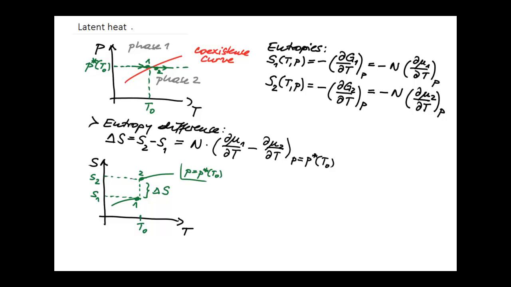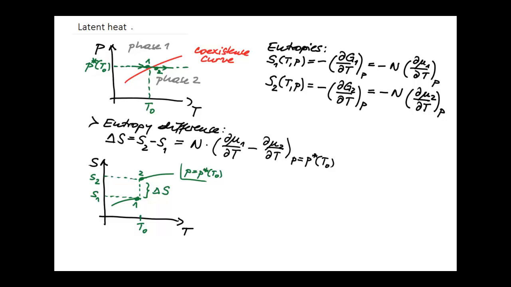Now I want to stress that there may be a discrete jump in entropies, so the delta S may be different from 0, but it doesn't always have to be. So you can have phase transitions at which the delta S does not make a discrete jump.